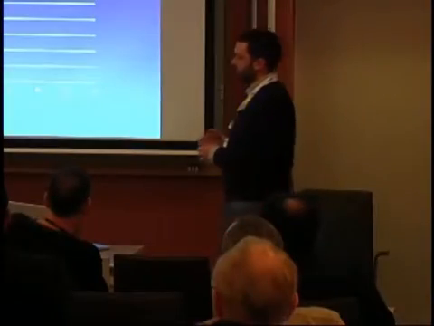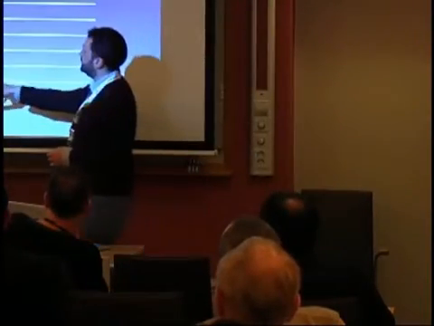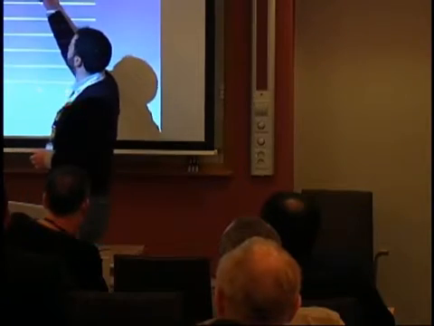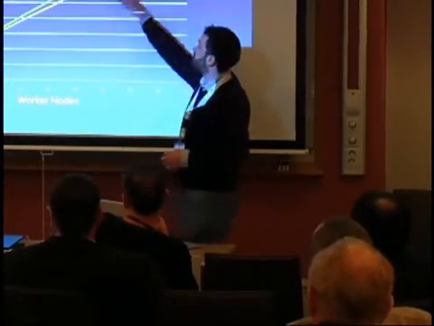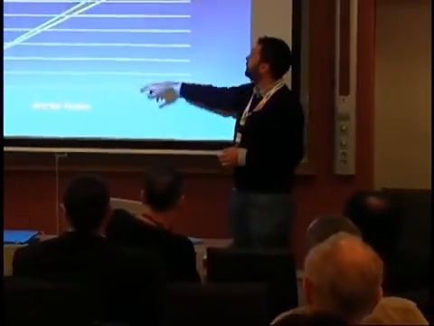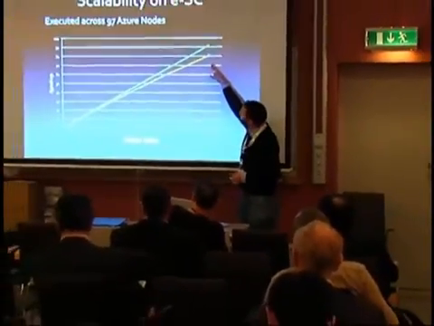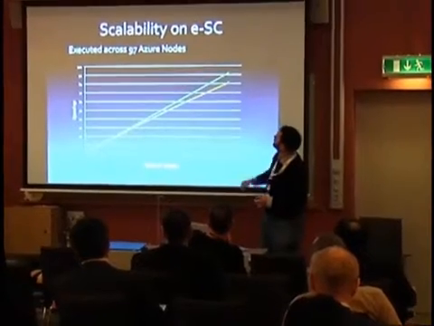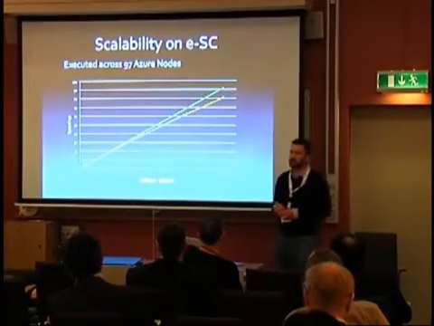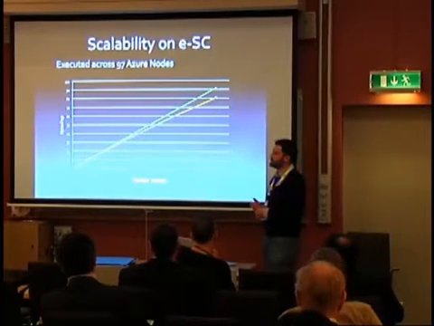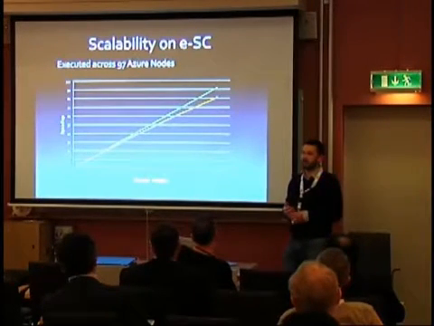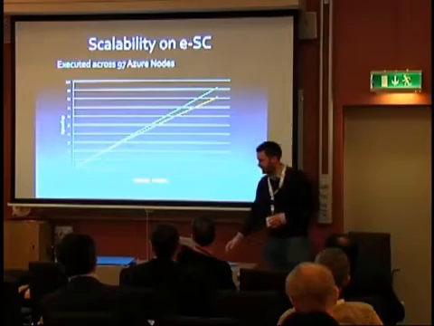So this is a slightly different graph to last time. What it shows is as you add more nodes to the system, an ideal 100% speed up would be the green line there, and we're actually achieving about an 82% speed up. So as we've got 100 machines in the system, it's performing 80% as fast as it should theoretically.